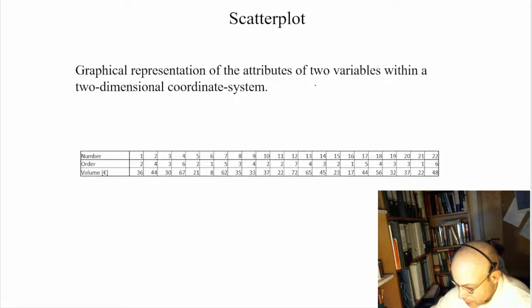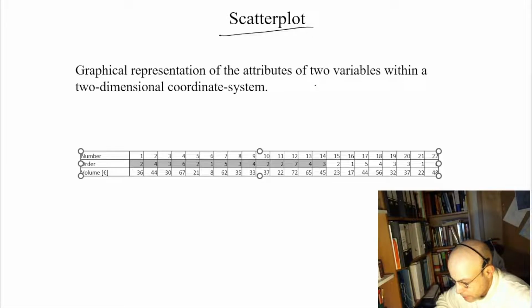And what we have here is just that we have two variables. You can think of this as some enterprise, and here in the second line we have the number of orders, and in the third line we have the amount of euros. What these orders are worth altogether.